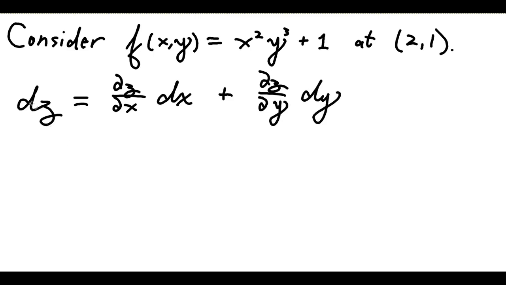Again, note the difference between the ordinary differential d's for the differentials dz, dx, and dy, and the partial curly d's for the partial derivatives, the partial of z by x and the partial of z by y. These are different from each other.